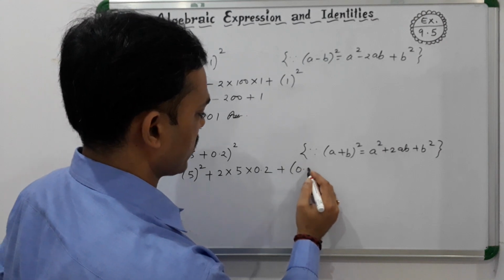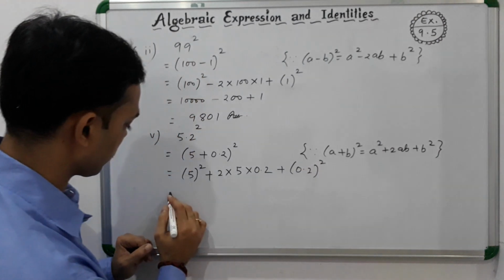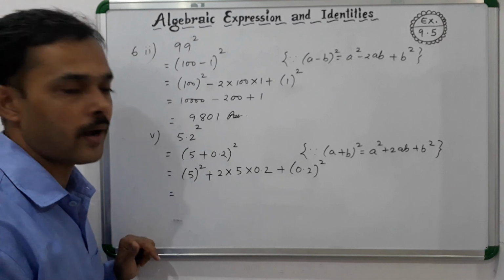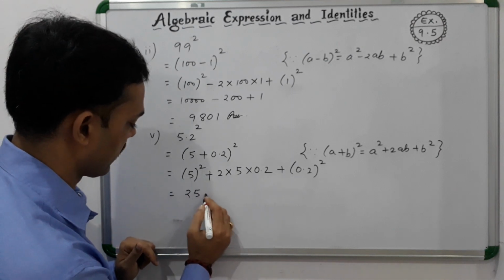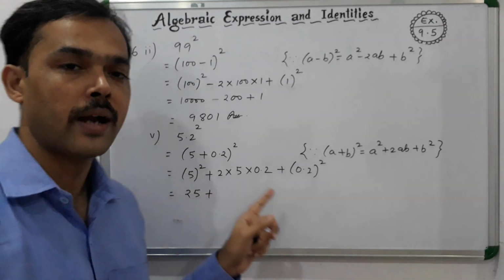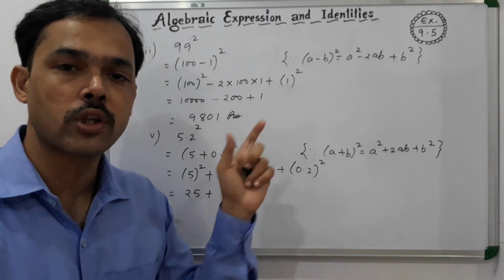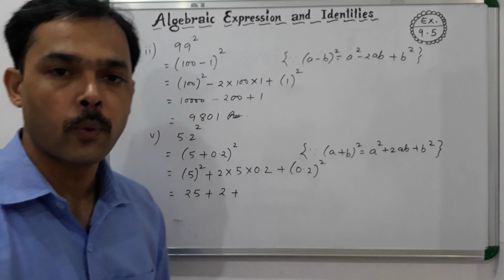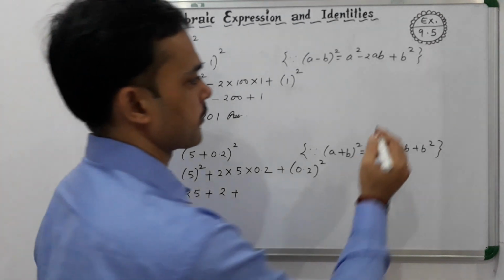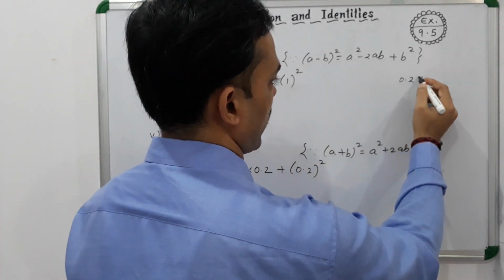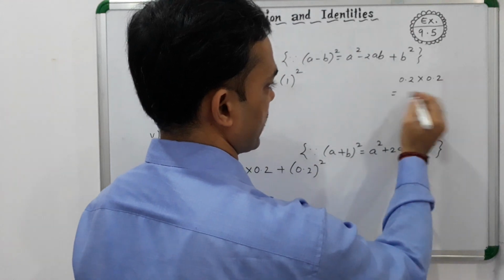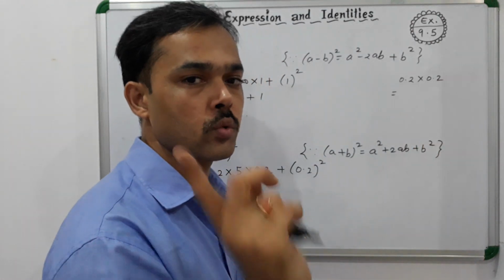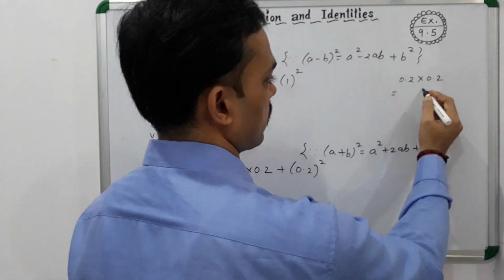So 5 square plus 2 into 5 into 0.2 plus 0.2 whole square. Now you know that 5 square is 25, plus 2 into 5 is 10, 10 into 0.2 will be 2, plus 0.2 into 0.2. For that, first you see 2 into 2, which will be 4.